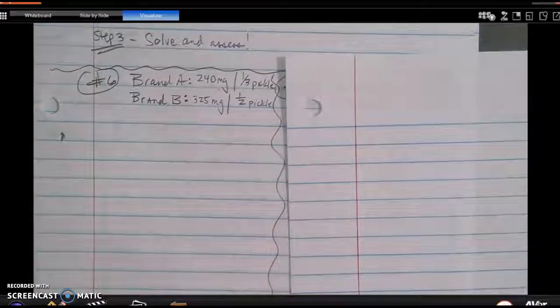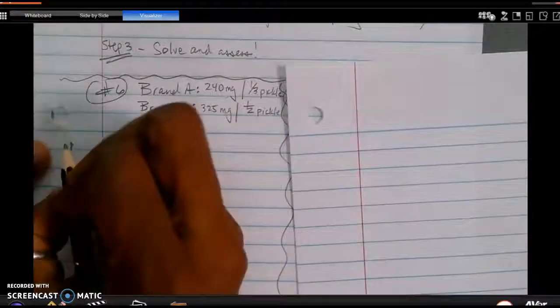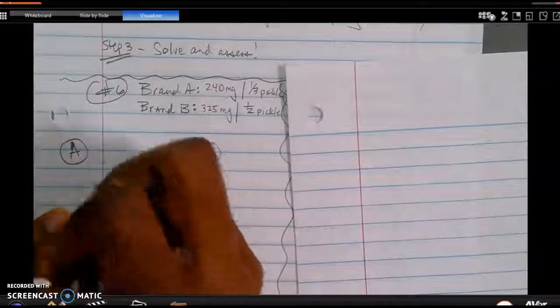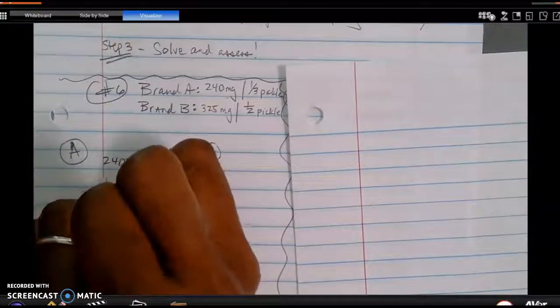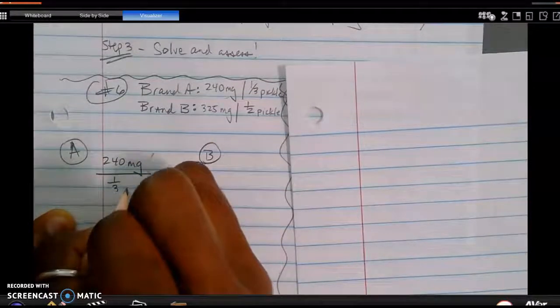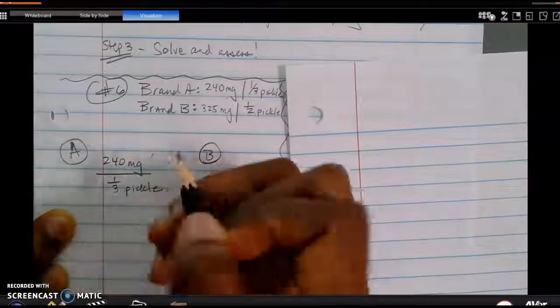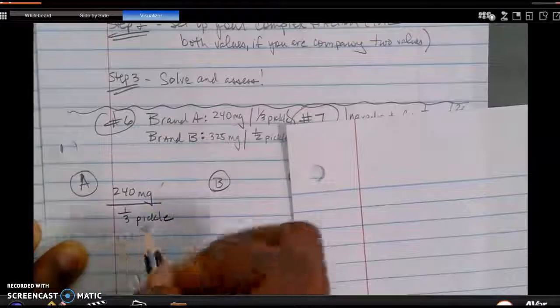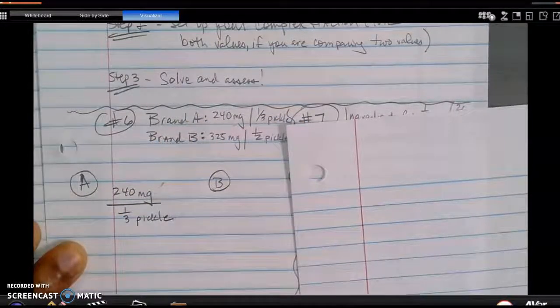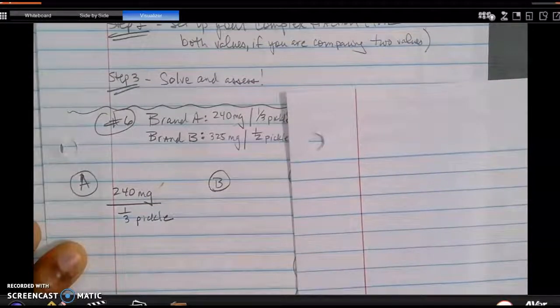Okay, so I have A here, and I have B. So 240 milligrams over 1/3 of a pickle. Now, our units of rate were, would I say milligrams per pickle if I'm trying to find the lowest sodium content?